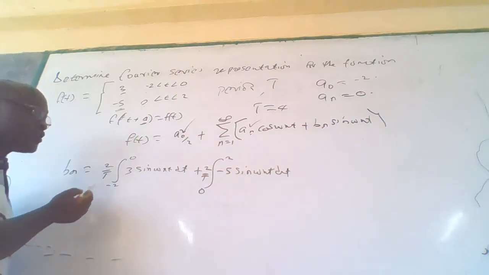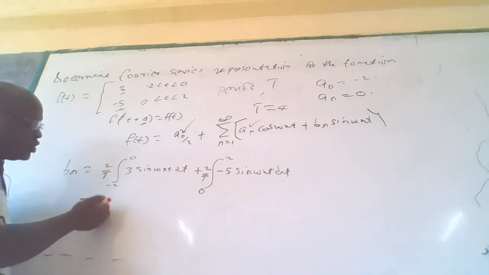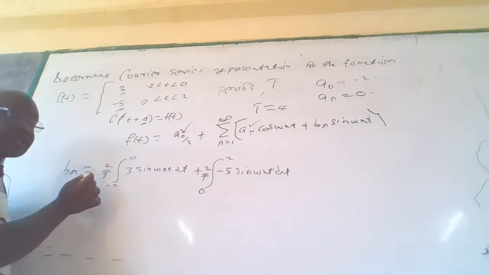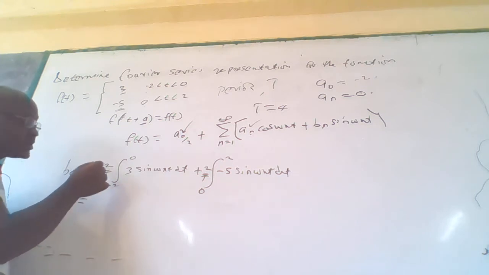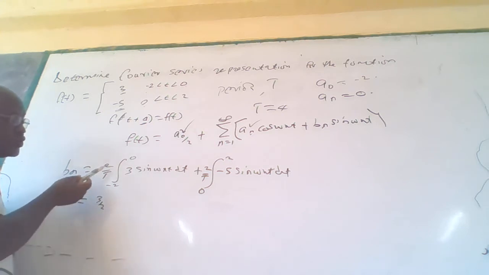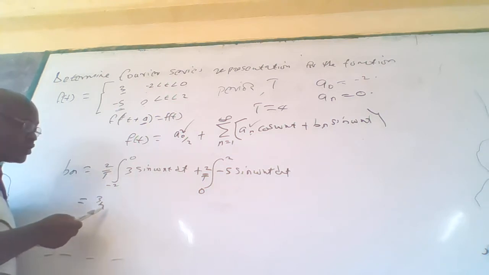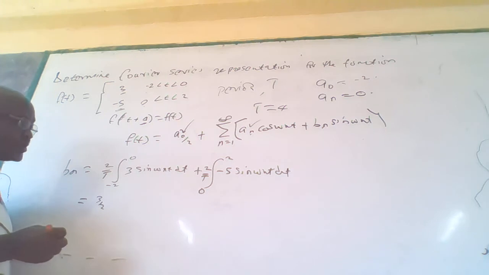Okay, so this equals, we know that T is 4. 2 divided by 4, we have a half. But again, here we shall have to take 3 outside. When we take 3 outside, here we shall have 3 over 2, since 6 divided by 4 is 3 over 2.